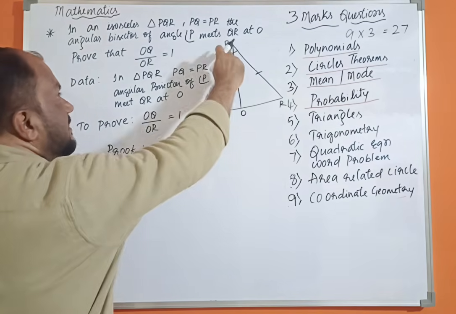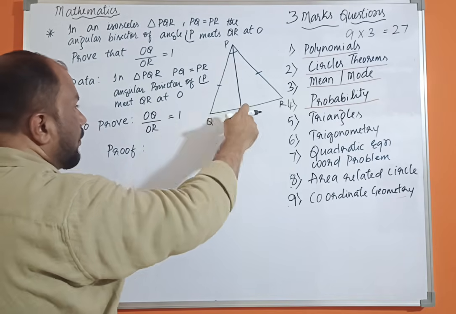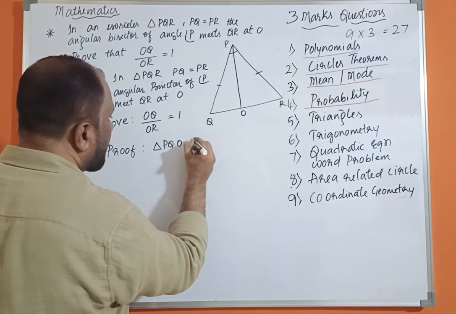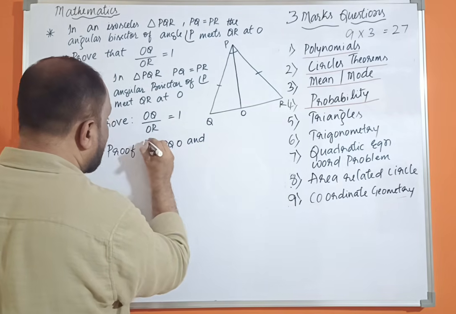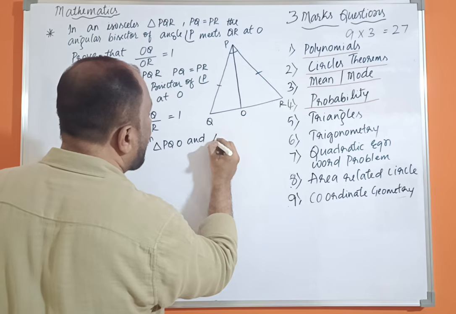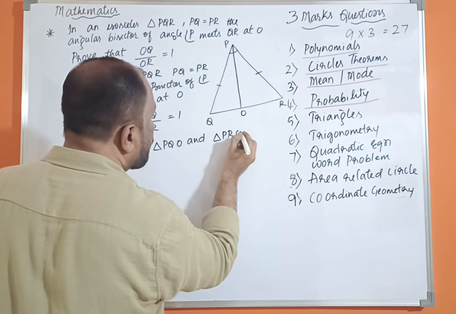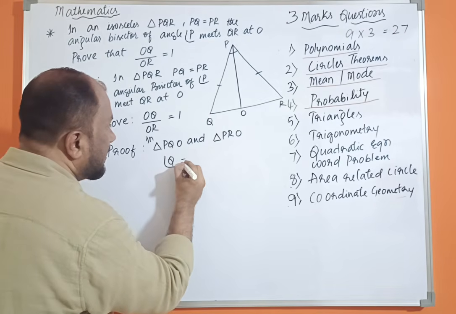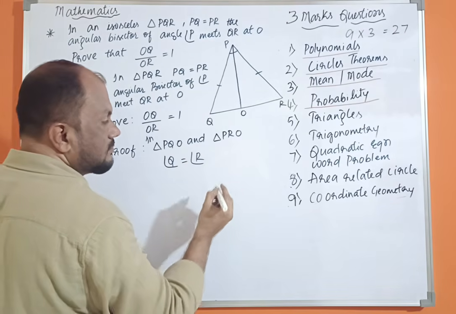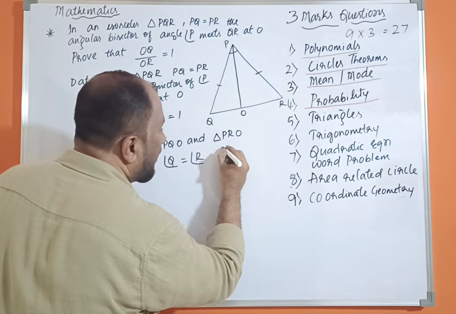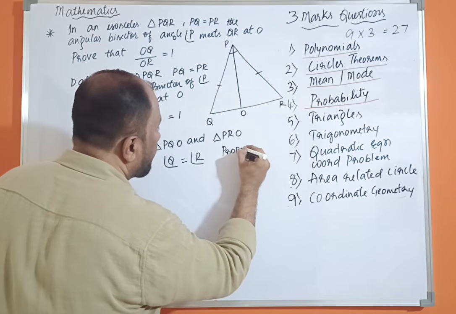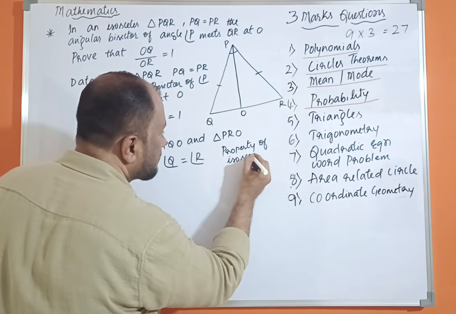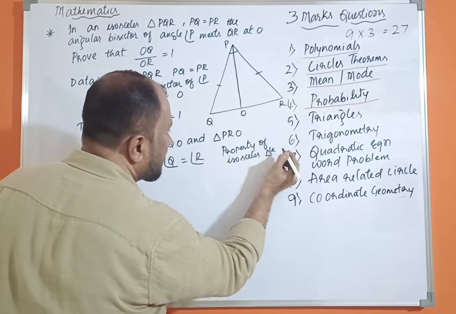I'll take two triangles: triangle PQO and triangle PRO. Two triangles I am taking. Now angle Q is equal to angle R. Reason: property of isosceles triangle.